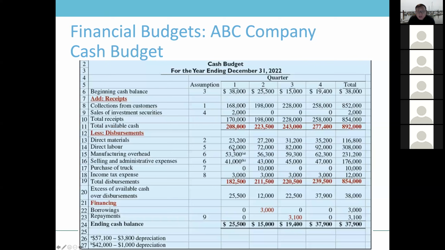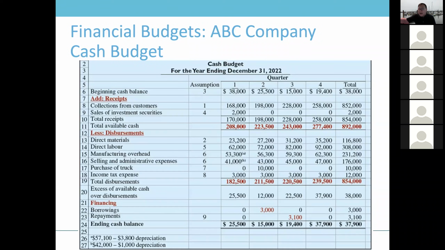Okay, and then the manufacturing overhead, right? Manufacturing overhead. So here, this calculation is footnote A. We are using 57,100 minus 3,800 depreciation. So basically, it is the total manufacturing overhead cost minus depreciation. Why? Because depreciation is not cash flow, right?